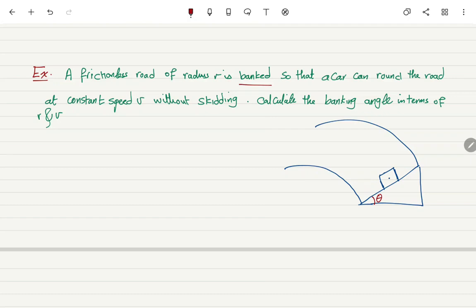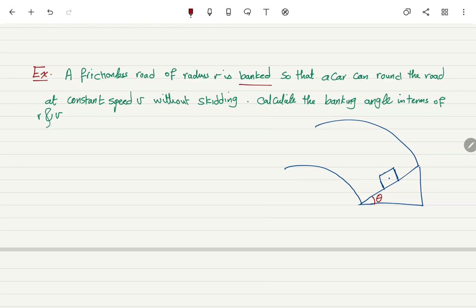So the car can round the rod at a constant speed v without skidding. Now remember, there is no friction in this rod, it's a frictionless one. Calculate the banking angle in terms of r and v. So we are looking for this theta here.